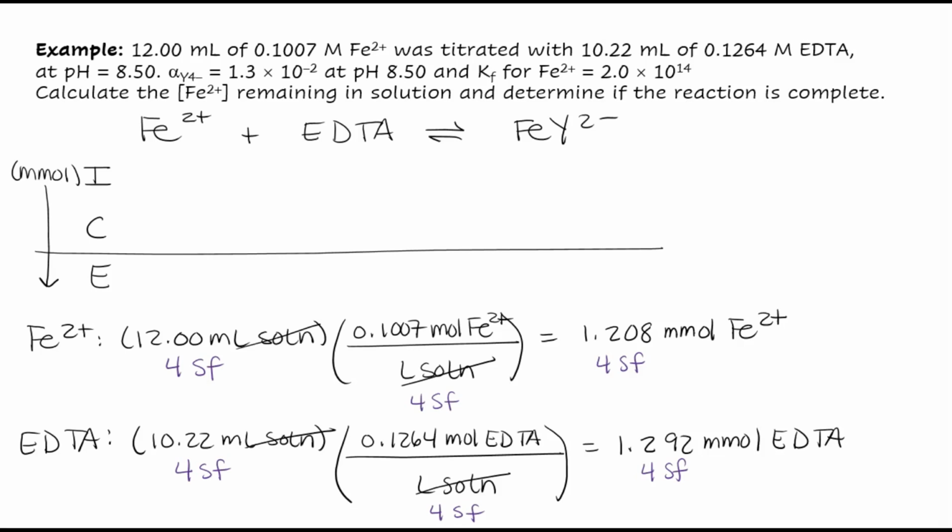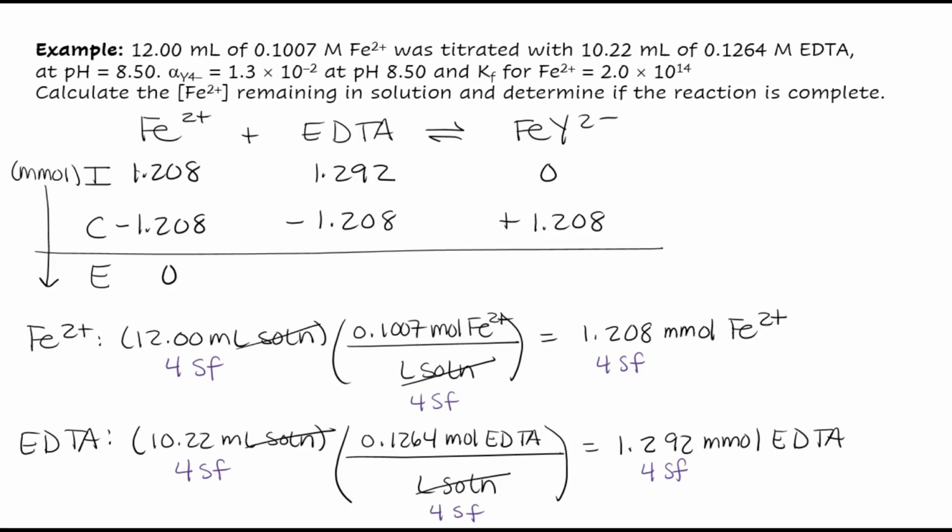Entering these values into our millimole table, we have 1.208 for the iron, 1.292 for EDTA, and 0 for the complex. We subtract the smaller value from each reactant, which is 1.208. We subtract that from the iron and from the EDTA, and we add 1.208 to our complex.